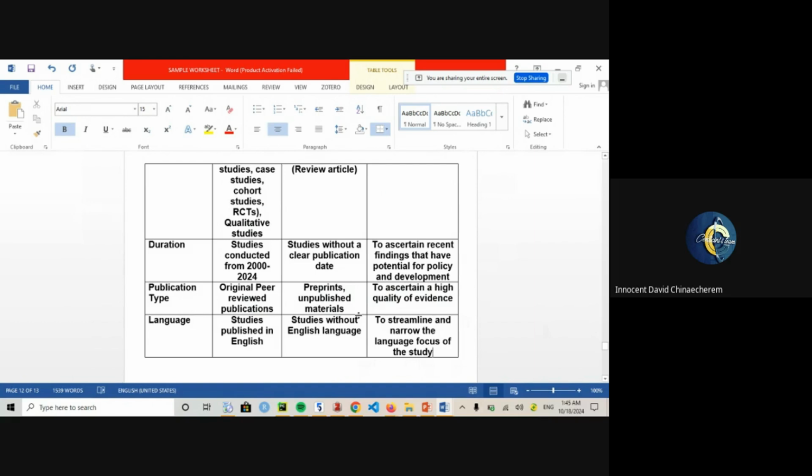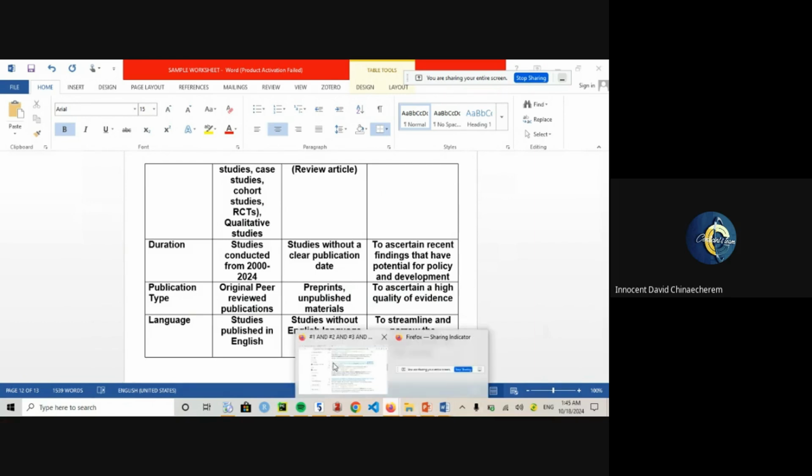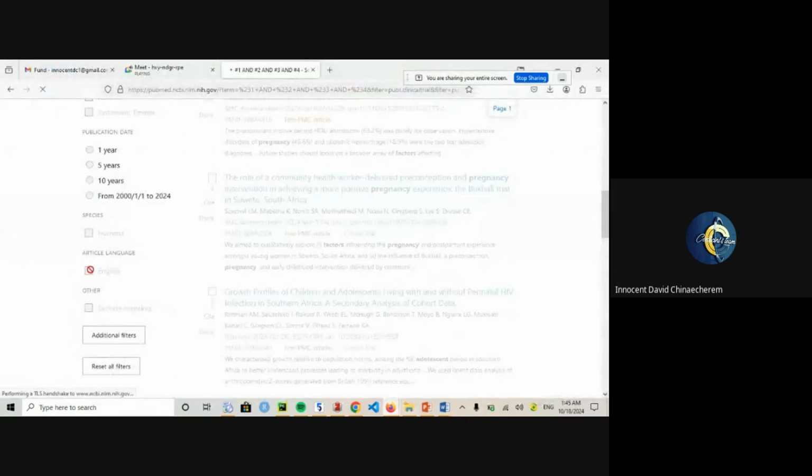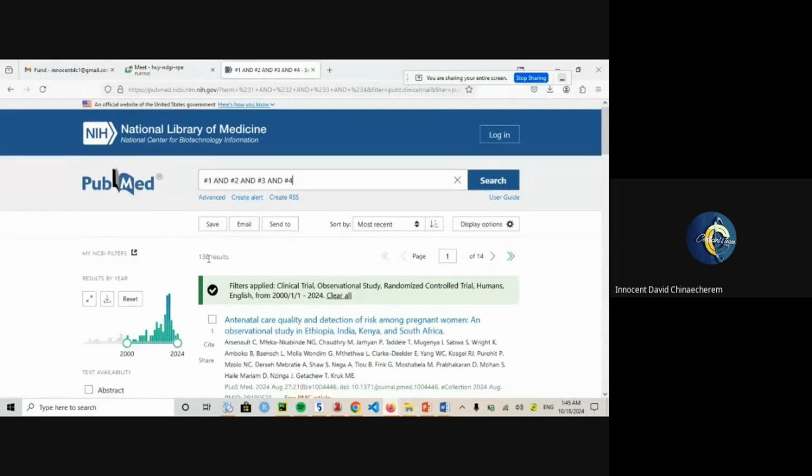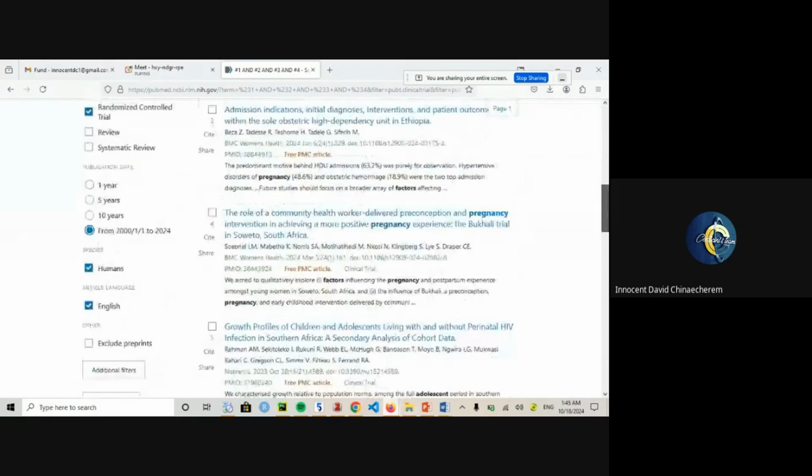So this is our language specification. Okay, so we've added that. So we click on English, and it comes down from 155 to 138. So we are good to go.